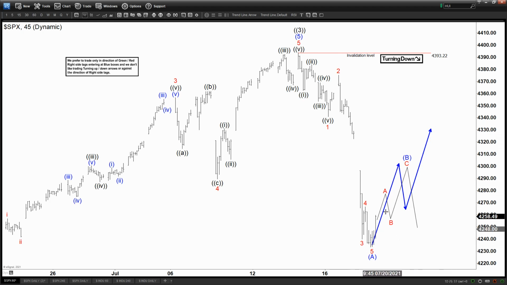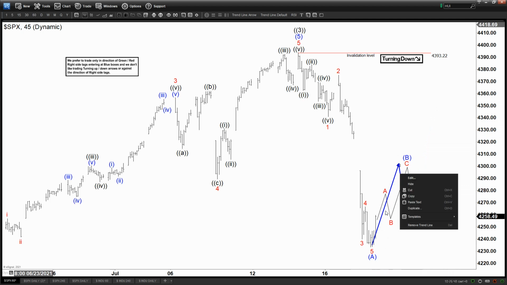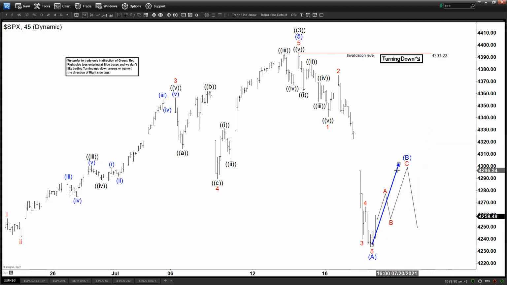So it depends on the length of the A and also the B before you can get a better idea of where the 3 waves is going to end. Okay, so this is just to give you an idea that this is going to be in the form of a 3 waves rally, and that doesn't necessarily mean it will end exactly at this level here.